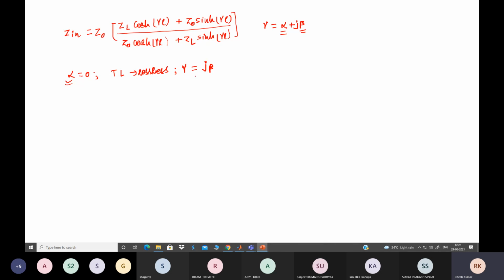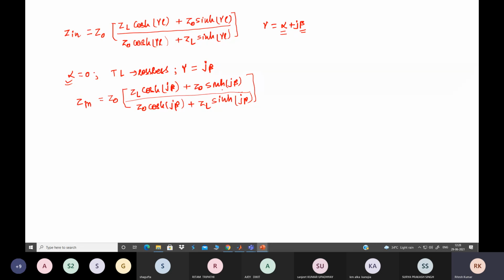So putting this value of gamma here, Z in is equal to Z naught into (ZL cosh j beta L plus Z naught sinh j beta L) divided by (Z naught cosh j beta L plus ZL sinh j beta L).